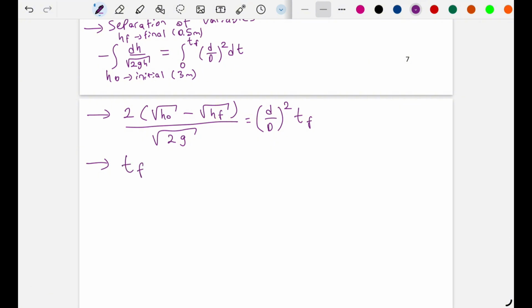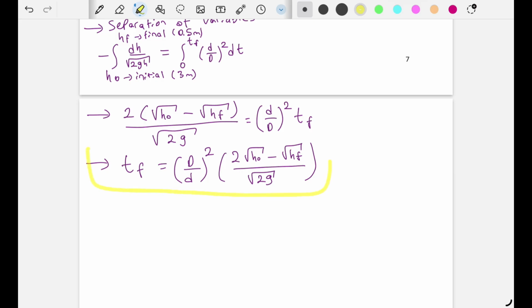So the final time will be times, okay, so this is the final version of all of these calculations, and we are just going to use the values we have, and then we will get the exact time.